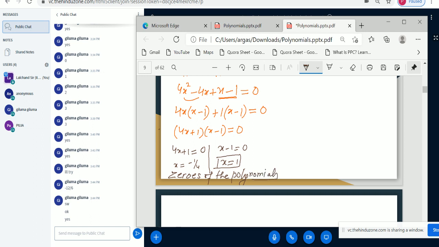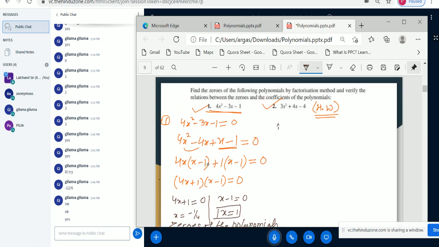Now verify the relation. For the sum of zeros, let's say the first zero is alpha and the second is beta; by convention we use alpha and beta for the two zeros. The sum alpha plus beta equals minus b by a. In place of alpha, minus 1 by 4, in place of beta, 1, and minus b is 3 by a.